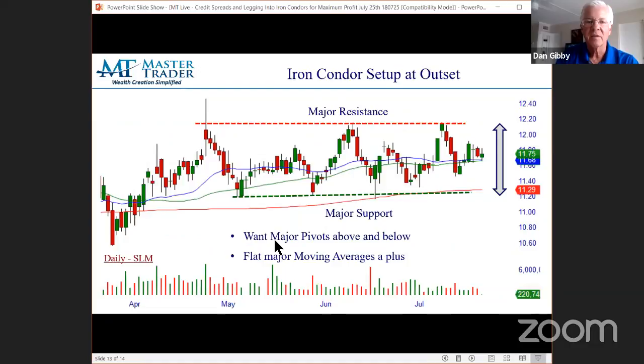But the very next slide here, and the quiz that I asked you back on STX, was that a good candidate to put on an iron condor at the outset? That's what I'm answering for you right now. We will put on an iron condor at the outset under very special circumstances like this.